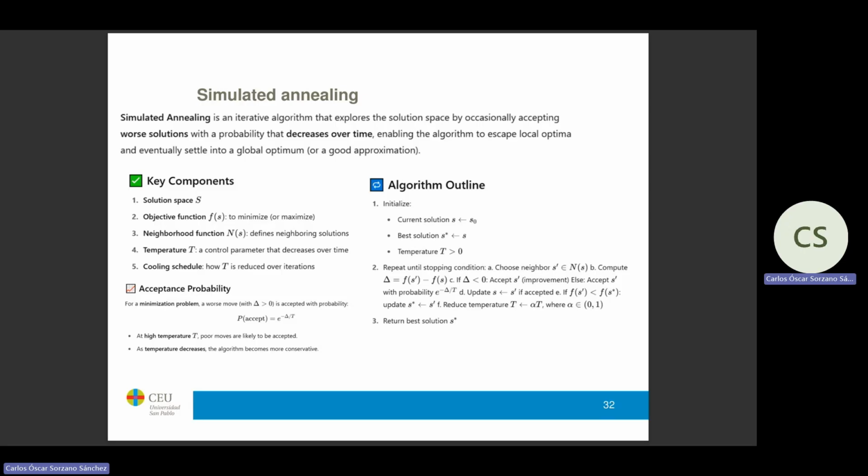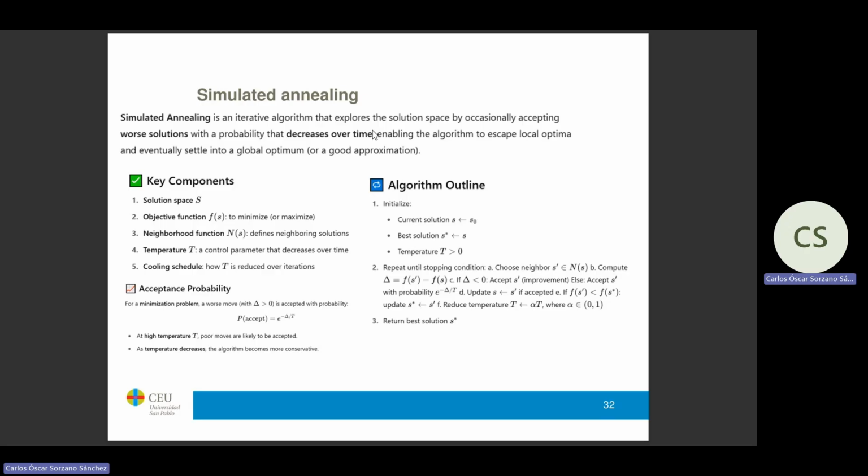So again, it is an iterative algorithm that explores the solution space. It moves from one solution to another. And it accepts worse solutions with a probability that decreases over time. So at the beginning of the execution of the algorithm, you are very likely to go from a good solution to a very bad one.